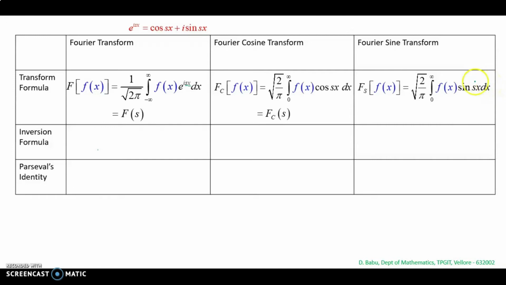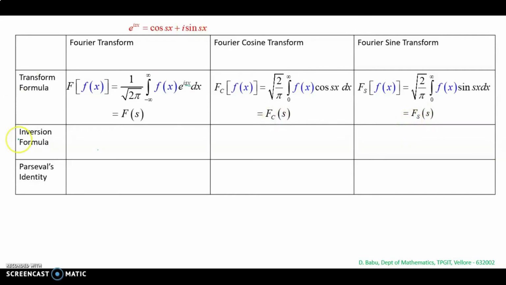After integrating, we substitute the limits for x. So it is independent of x. Therefore, the value of the integration is a function of s only. Since it is a sine transform, it is denoted by Fs of s. For cosine transform, it is denoted by Fc of s, where small c represents cosine, and here capital S represents sine.